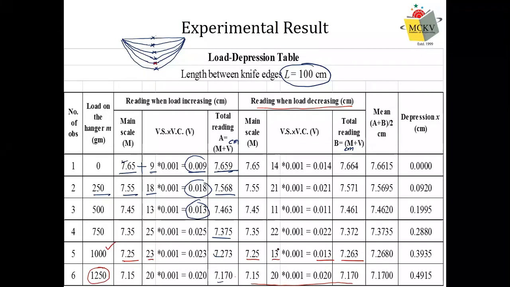Once we get the total, we have two totals for 1000 gram load. That is, for this position, I have now two readings. One is 7.273 centimeter, another is 7.263 centimeter. So we take the average. You just add them, divide by 2 to get the average. So that will be the mean value, the position for 1000 gram.